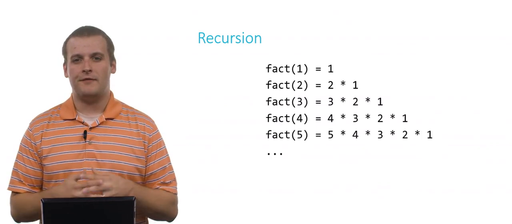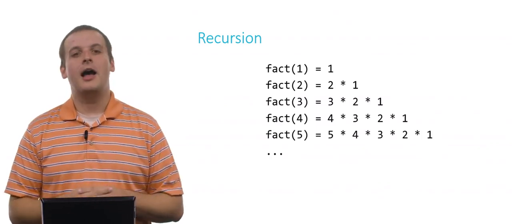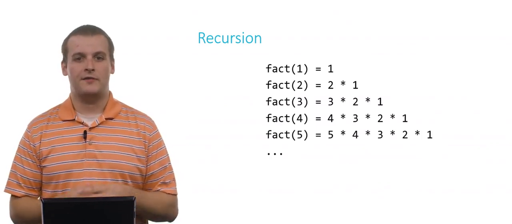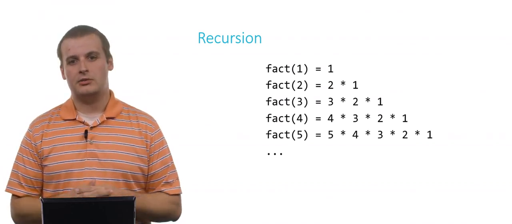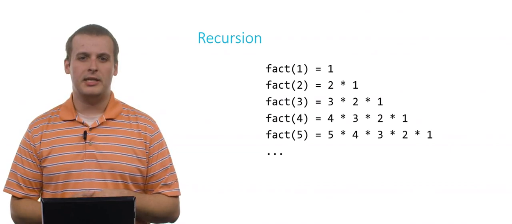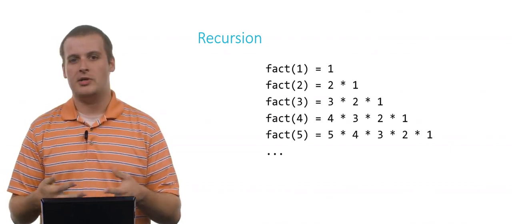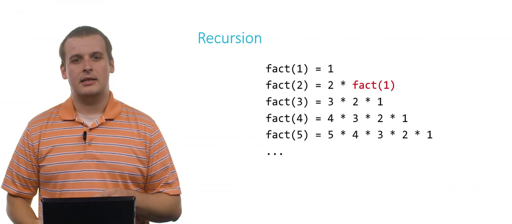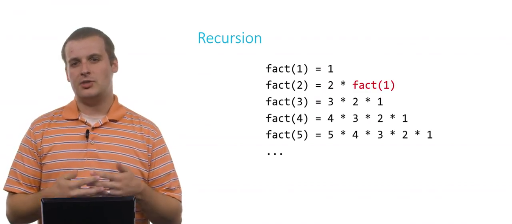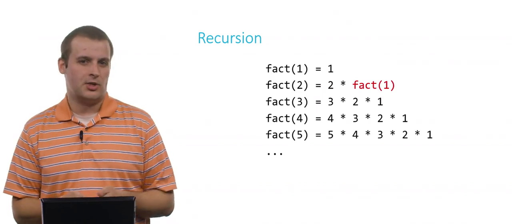So here are a couple of facts, pun intended, about the factorial function. The factorial of 1, as I said, is 1. The factorial of 2 is 2 times 1. The factorial of 3 is 3 times 2 times 1, and so on. We talked about 4 and 5 already. But looking at this, isn't this true? Isn't factorial of 2 just 2 times the factorial of 1?